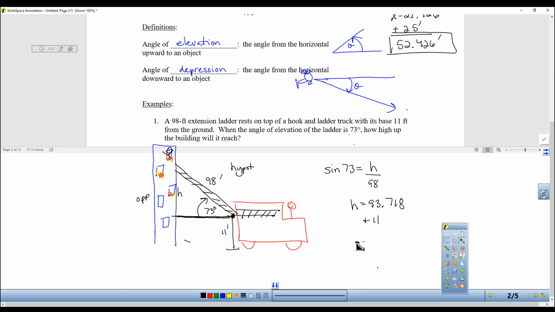So I can add 11 to it, and then I can say that it will reach 104.718 feet. Okay, so if you have buildings in your town that are taller than 105 feet, you're definitely going to want to look for a different truck.